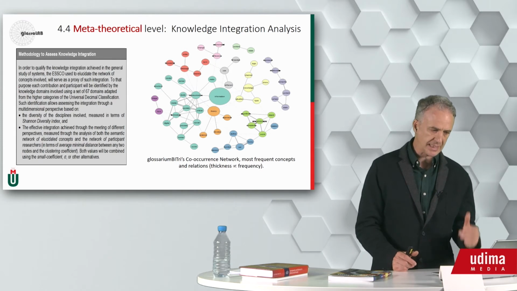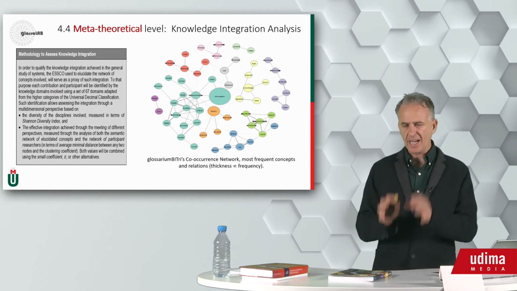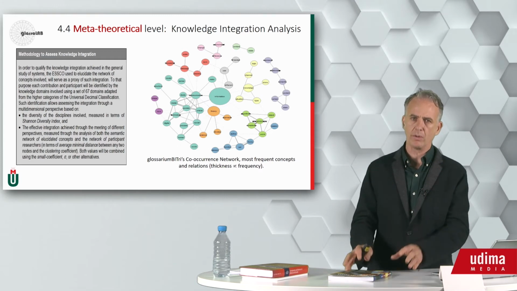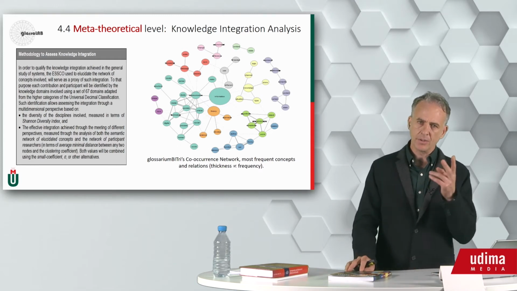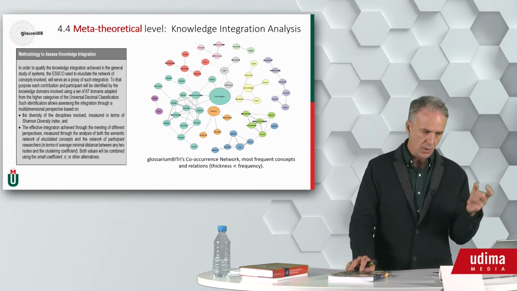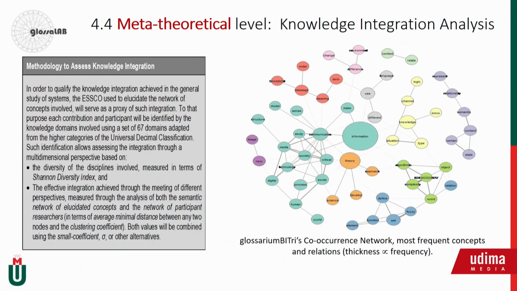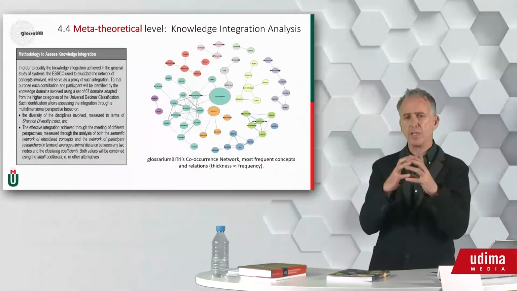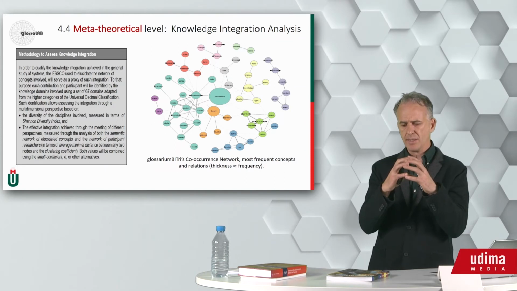And the other measurement is the effective integration, analyzed within the network of concepts, relating two characteristics. One is the average minimal distance. If the contents are very far apart and have few links, then the network is not very well integrated. Then we can also have clusters, and sometimes a cluster provides a very good integration between concepts.